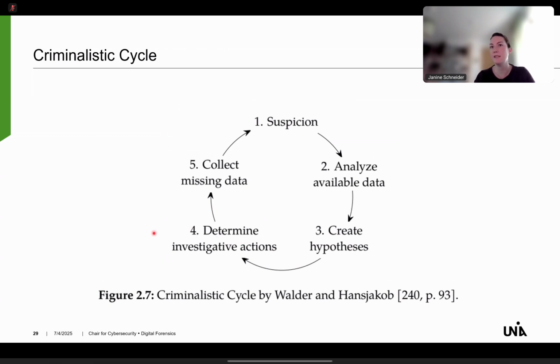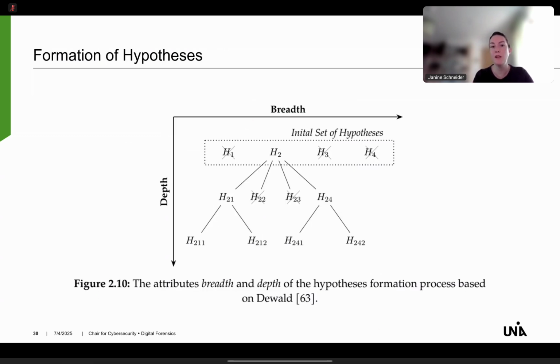Maybe the hypothesis is person A might have murdered person B because person A was near the forest where the body of person B was found. Then we have to collect more data. And if we cannot find data that prove the hypothesis, then we can remove it from the initial set of hypotheses.